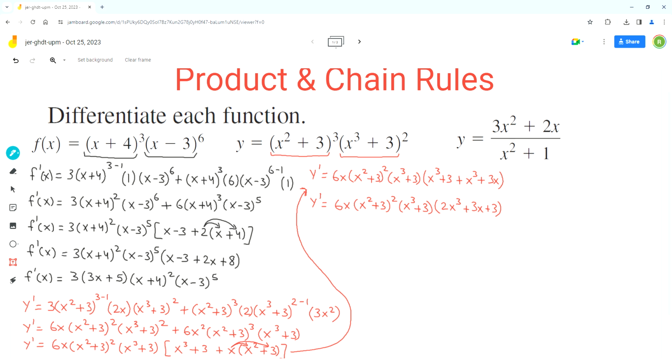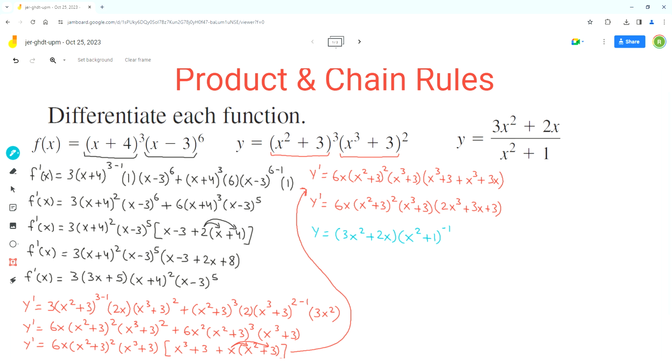Now the exponent on the denominator, in this case x squared plus 1, is just positive 1. We don't write 1 as an exponent. So the first step is to move the denominator to the numerator. So we'll get (3x squared plus 2x) times (x squared plus 1), and then exponent negative 1.